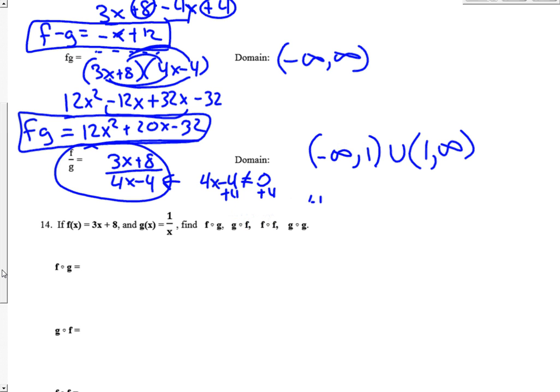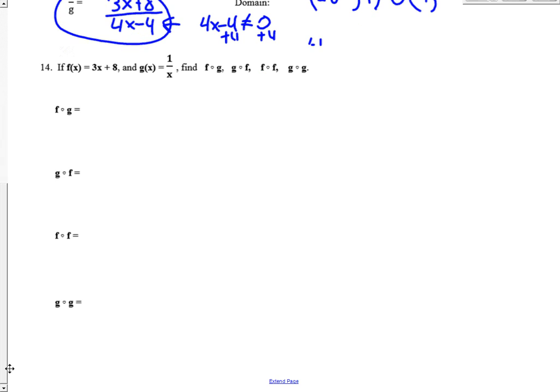Okay, let's look at number 14. Number 14 does the composition of functions. That means f of g. And what that means is we're going to take the value of g, whatever the expression is on the g, and we're going to plug it into the expression for f.